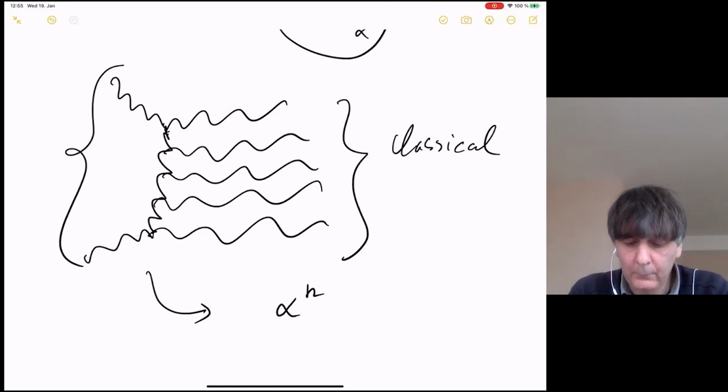So the high occupation number in the final state, these types of diagrams, you can think of them as describing production of a classical object in a high energy collision. Now, production of a classical object in a high energy collision in a weakly interacting theory must be exponentially suppressed.